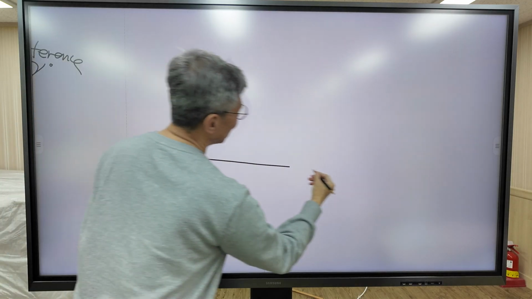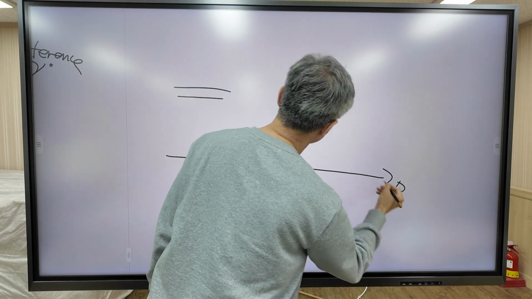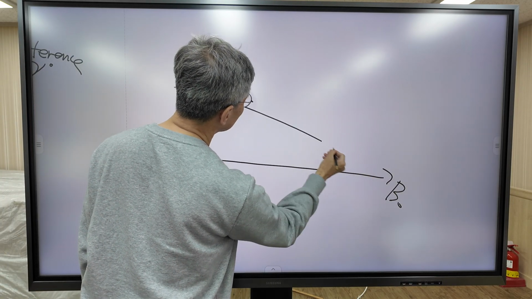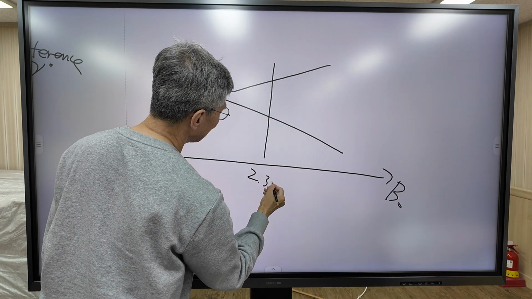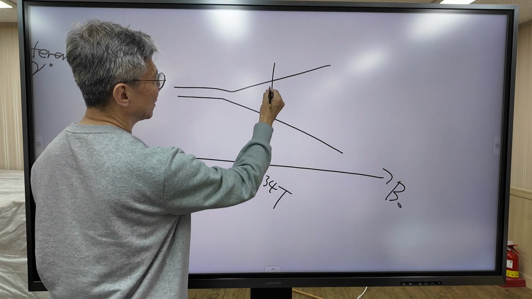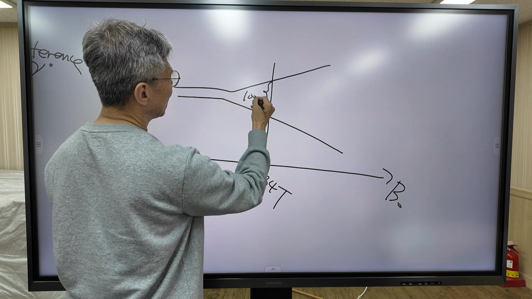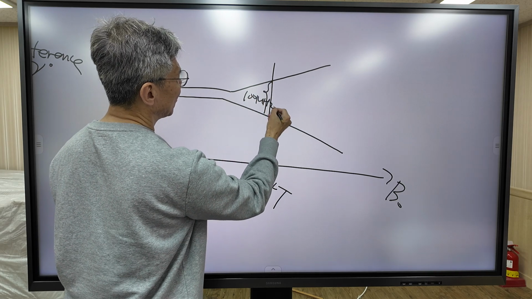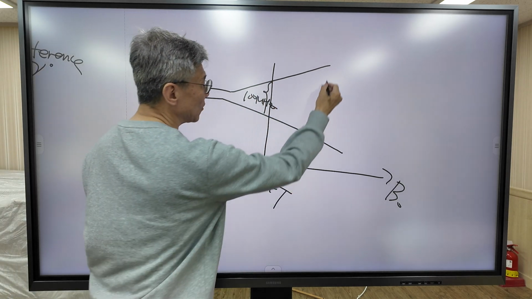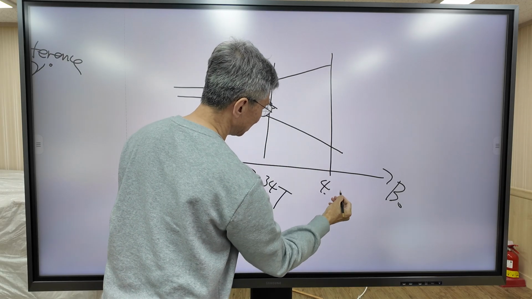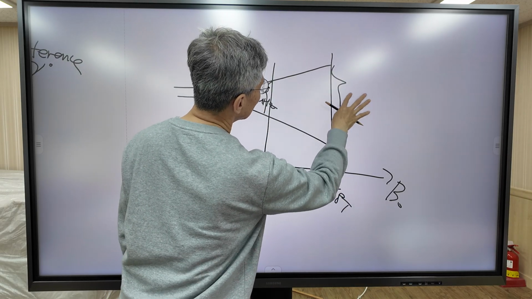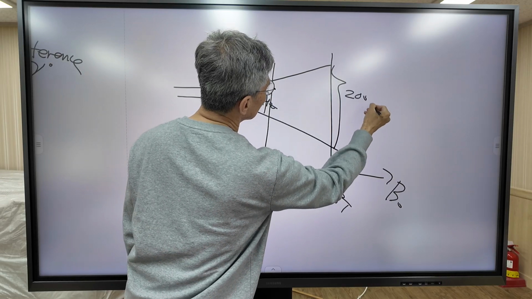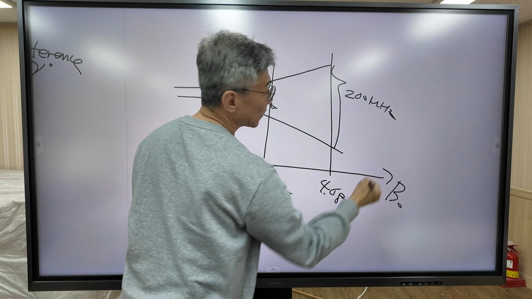Then when you apply a magnetic field, upspin is lowered, downspin increases. So when you apply 2.34 Tesla, the transition frequency is 100 megahertz. But when you apply 4.68 Tesla, the transition frequency increases to 200 megahertz.